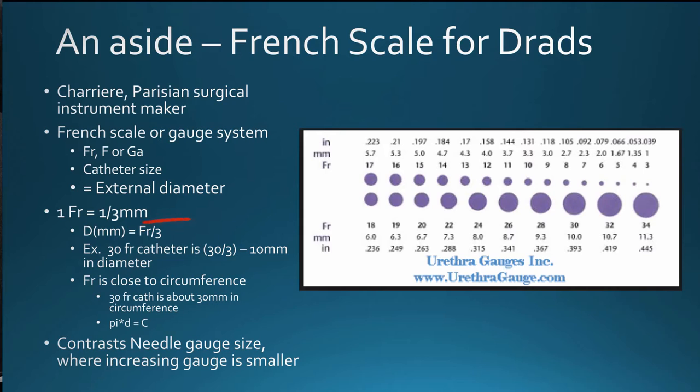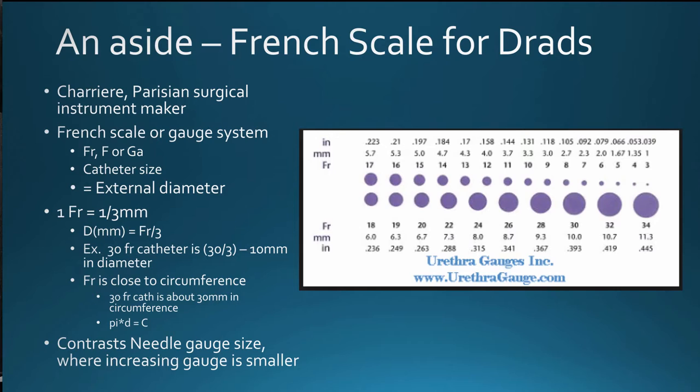But at the end of the day, the thing to remember is that a 30 French catheter is 10 millimeters in diameter. In other words, a 3 French catheter is 1 millimeter in diameter.